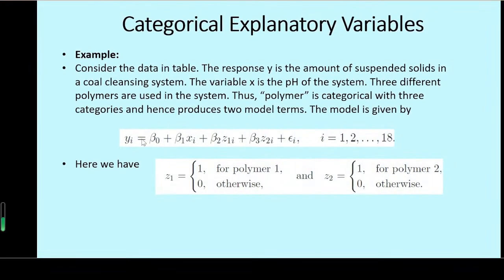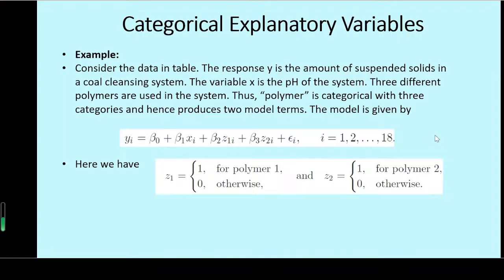So say in this example y is the amount of suspended salts, and the variable xi is pH, and the polymer is another variable, which is a categorical variable with 3 categories. So in the regression model, we just put beta 0 plus beta 1 xi. i is for the observations.